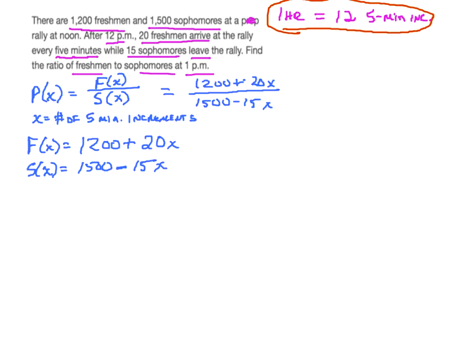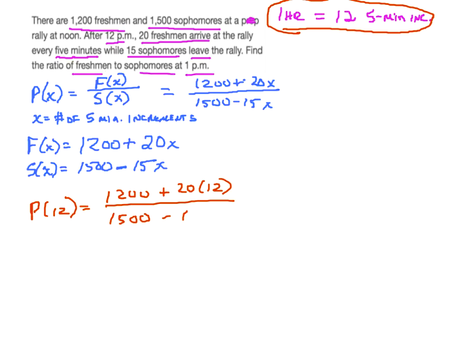So the question is, find the ratio of freshmen to sophomores at 1 p.m. This is why I told you at the very beginning, 1 p.m. is 1 hour later, and 1 hour is 12 5-minute increments. So I need to find P of 12.